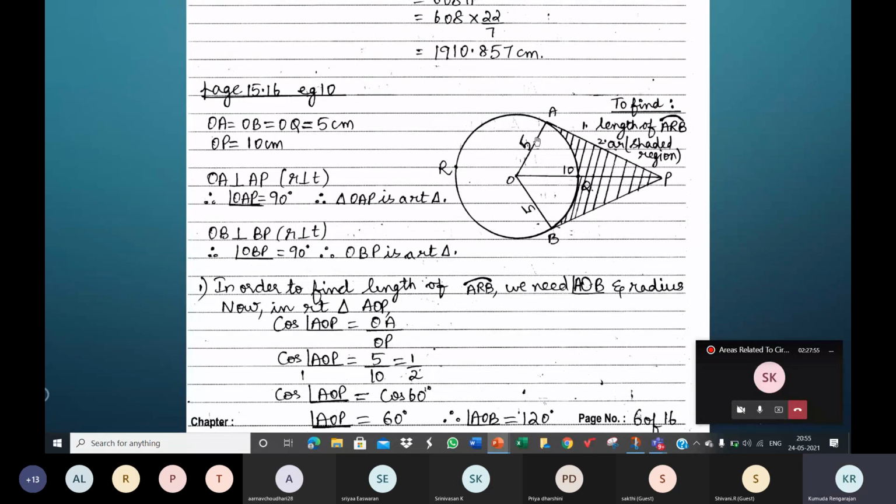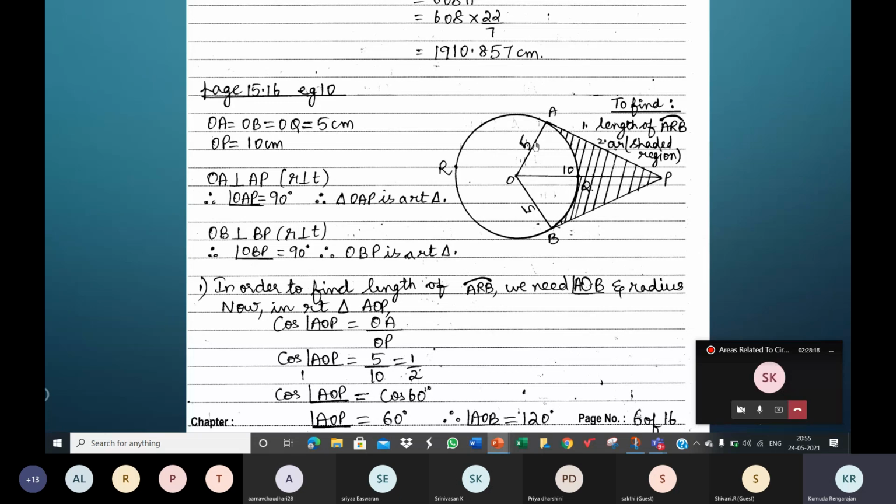This is the opposite side. OP is the hypotenuse. And OA is the adjacent side.